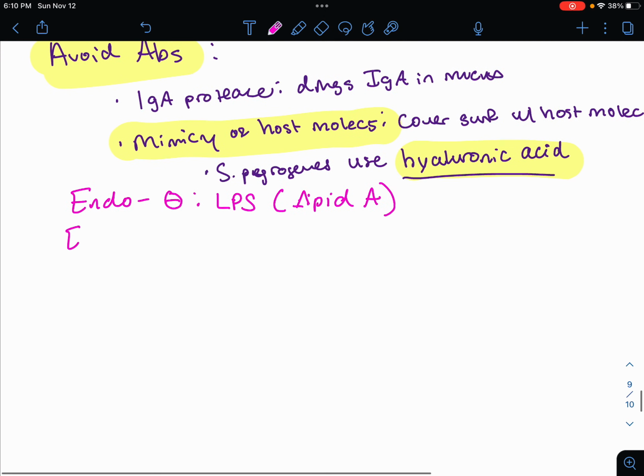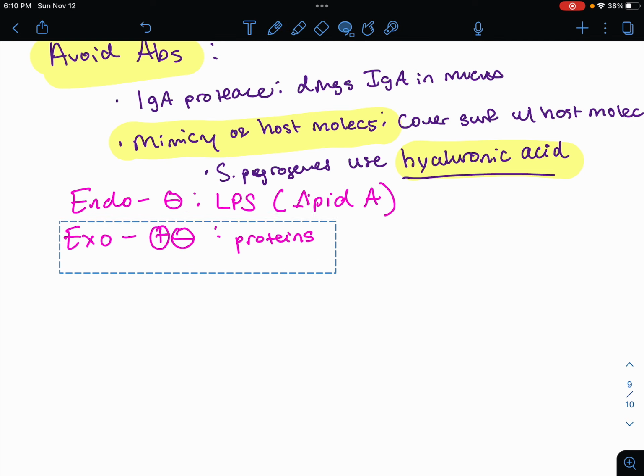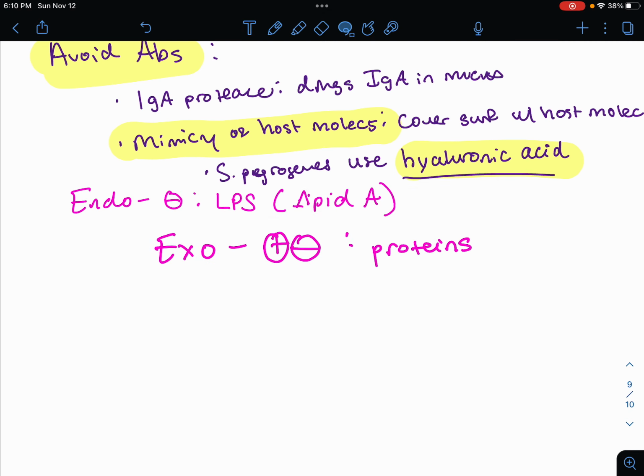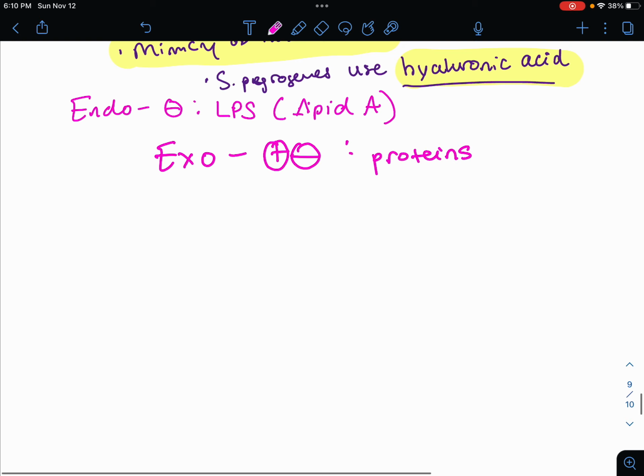Exotoxins are going to be both gram-positive and gram-negative, and they're usually proteins. Let's talk about the exotoxins in much more detail, since we have a ton more of those first, and then we'll go into the endotoxins.